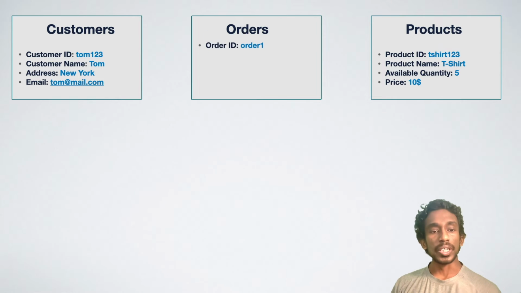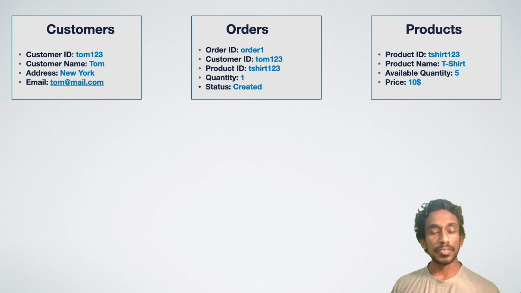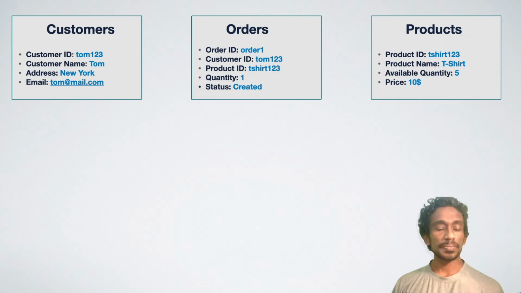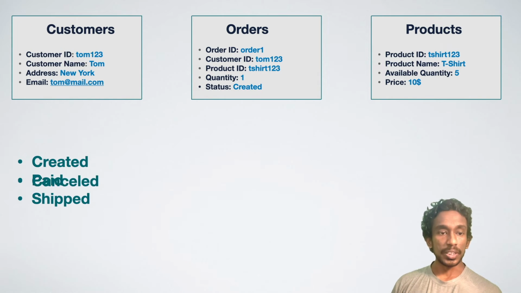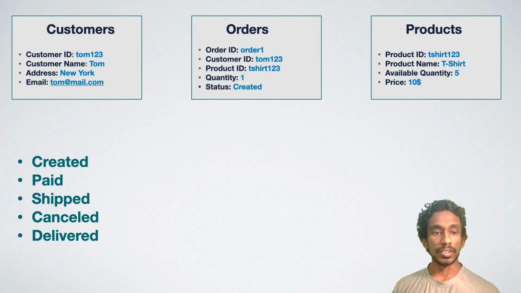It contains the order ID that can be used to identify the orders, the customer ID, which is the person who placed the order, the product ID, the quantity of the products, and the order status. Order status is used to track the current status of the order. Order status can be in created, paid, shipped, cancelled, and delivered states.